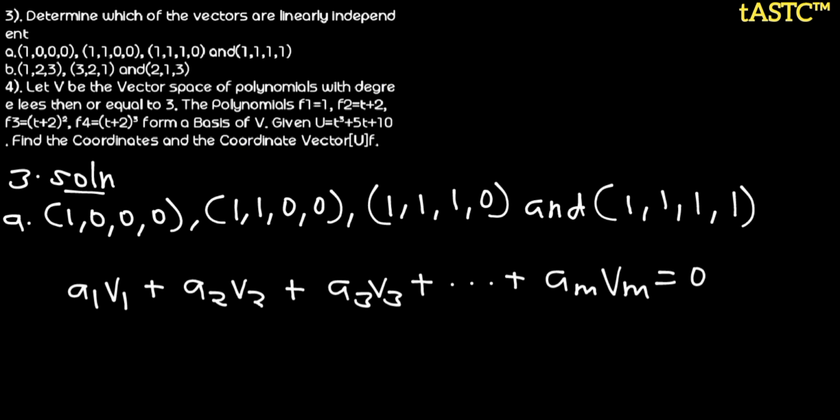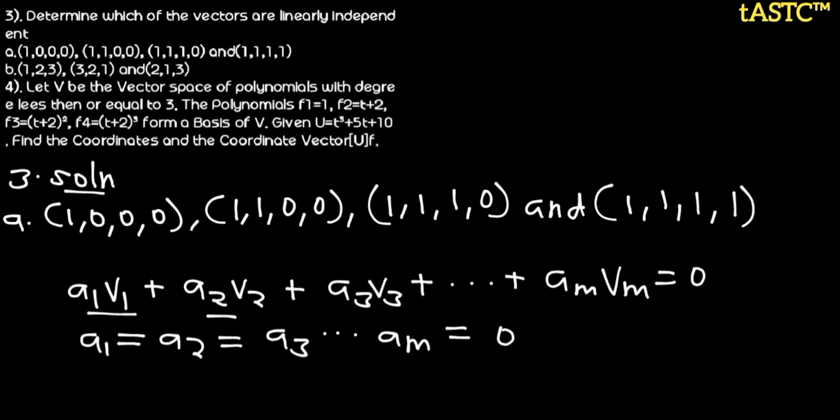If it is necessarily required that for the 0 to be formed on the other side, we must have a1, a2, a3 until you reach am all equal to 0, then this is going to make all the vectors within this combination linearly independent. And that is pretty correct, right?